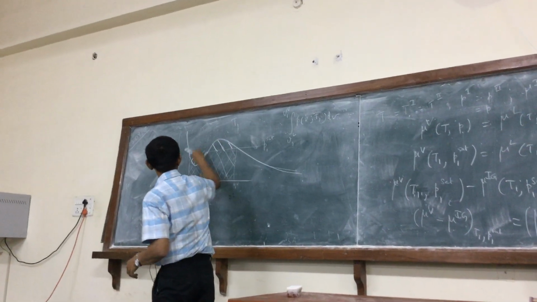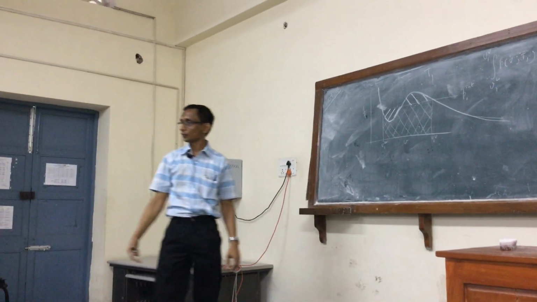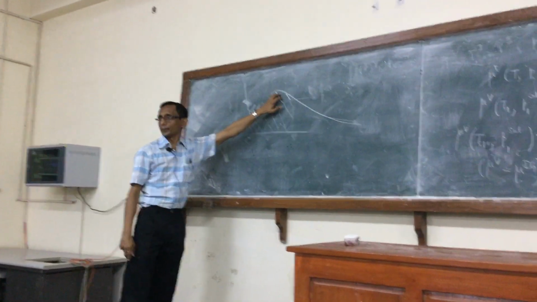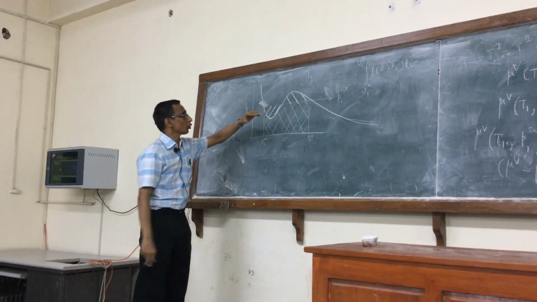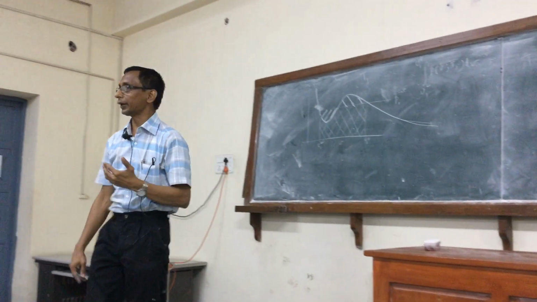So you have this minus this. Again, both are positive. In terms of magnitude, this minus this is 0, is what I have. So this is why. This is called the equal area rule.